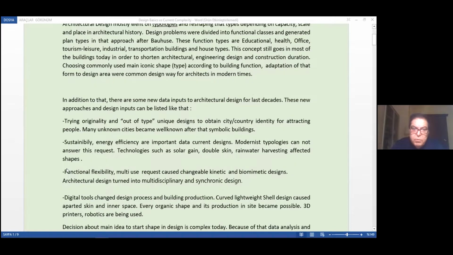In addition to that, there are some new data inputs to architectural design for the last decades. These new approaches and design inputs can be listed like this. Trying originality and out-of-type unique designs to obtain city-country identity for attracting people.